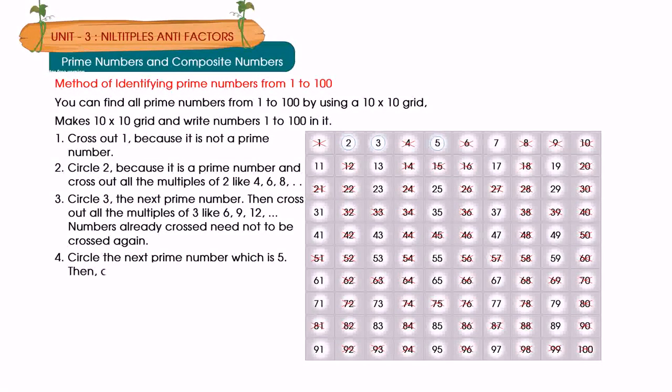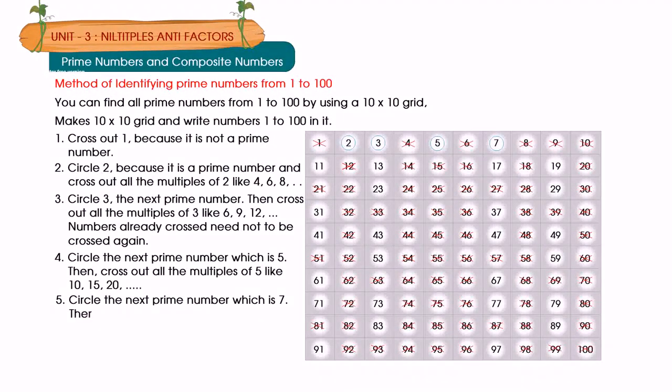Then cross out all the multiples of 5 like 10, 15, 20 and so on. 5. Circle the next prime number which is 7. Then cross out all the multiples of 7 like 14, 21, 28, 35, 42, 49, etc.